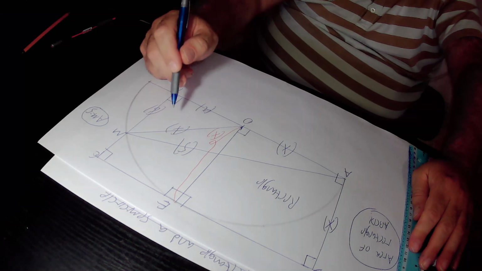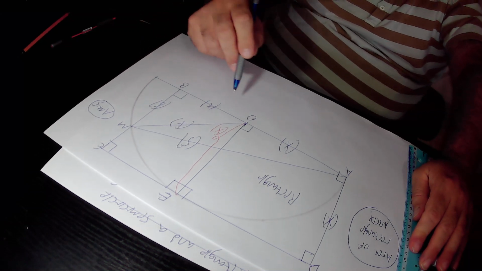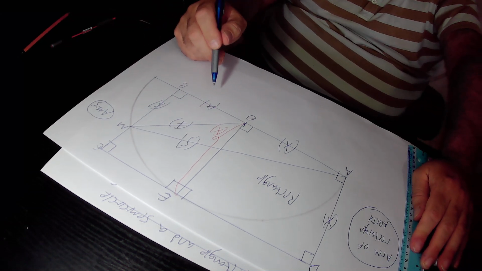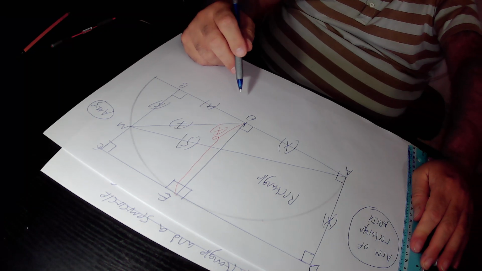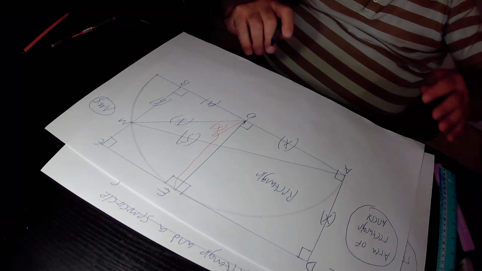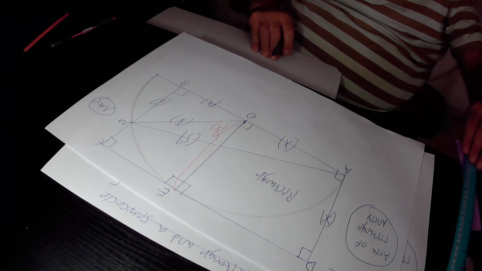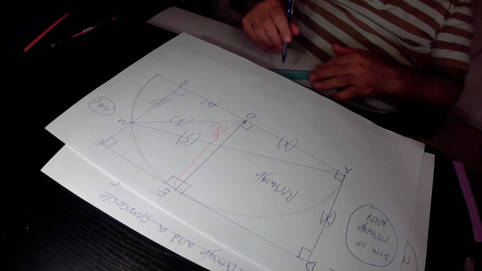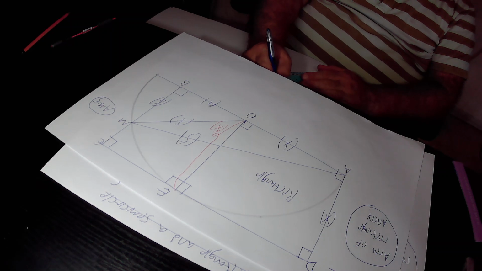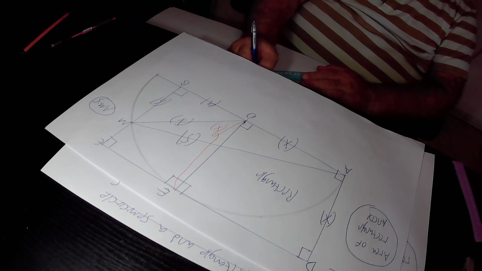So in the next step, I'll copy the right triangle OMB in a new page, and we will implement the Pythagoras theorem on this right triangle OMB. Here PT is the relation for Pythagoras theorem.